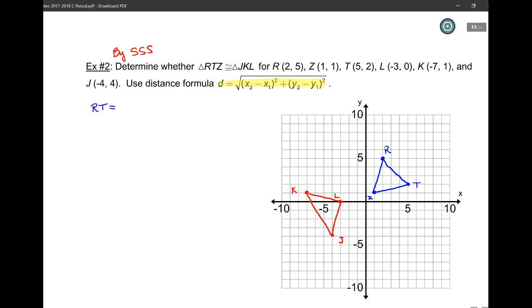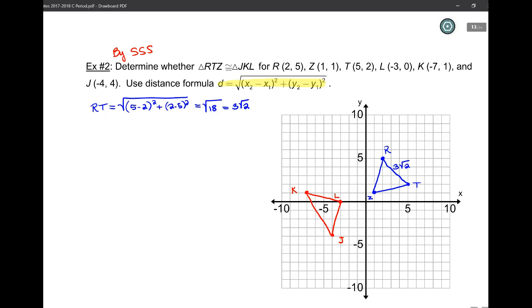So RT is going to be the square root of 5 minus 2 squared plus 2 minus 5 squared. So we actually get 3 squared plus -3 squared, which will be 9 plus 9, square root of 18, which is 3 root 2. So I know this side is 3 root 2.